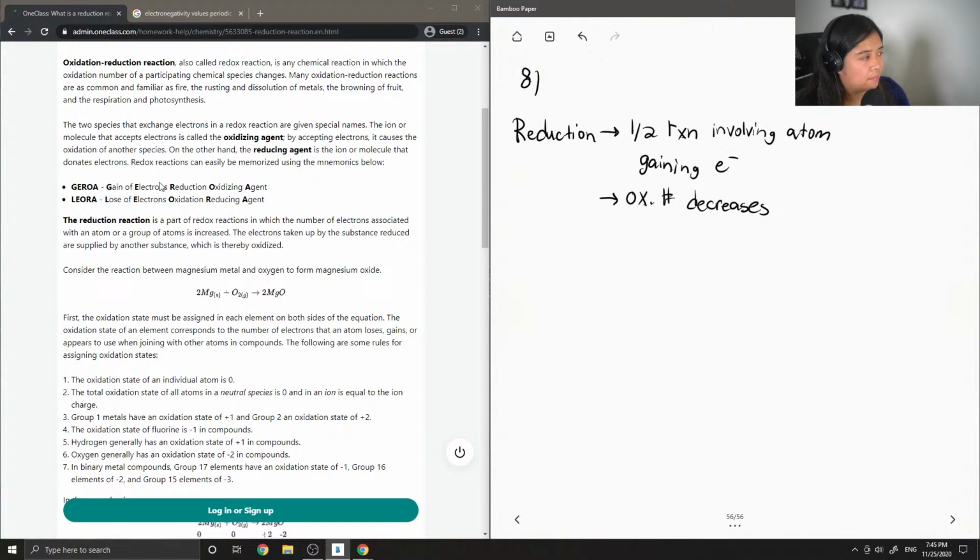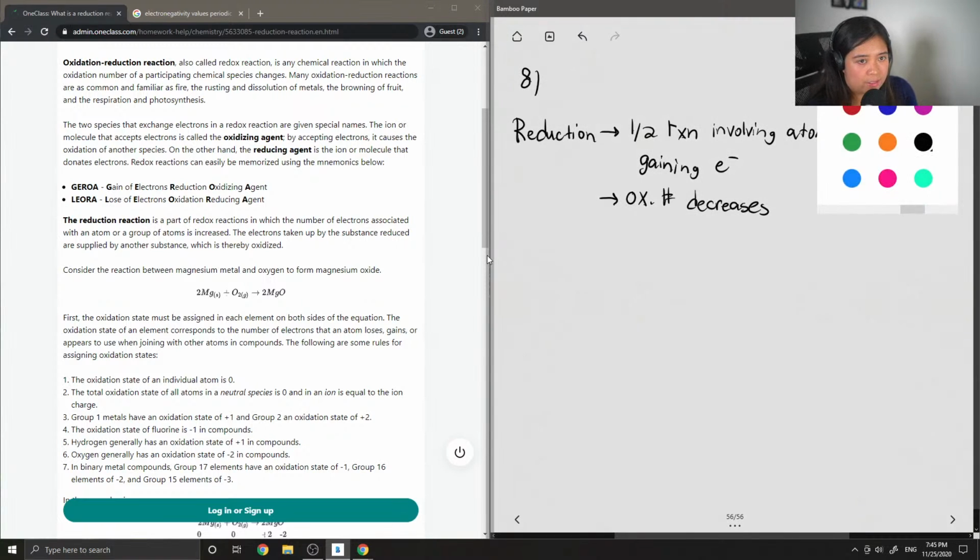Redox reactions can be easily memorized using the mnemonics below. So they have GEROA: gain of electrons is reduction, oxidizing agent. And LEORA: loss of electrons, oxidation, reducing agent. So I'm just going to write over here, you can also use a term called OIL RIG.